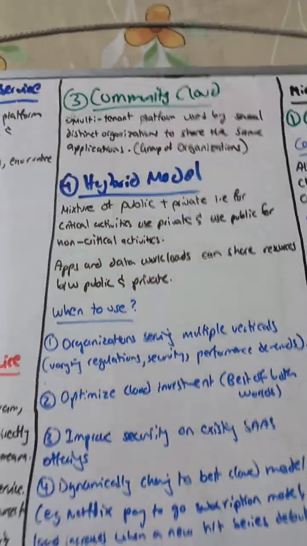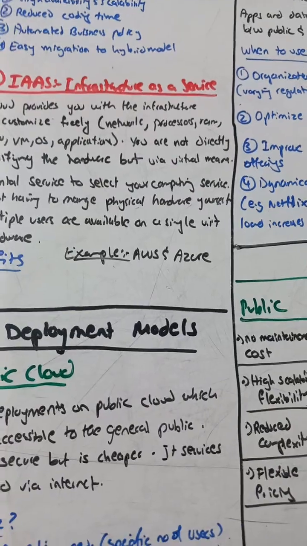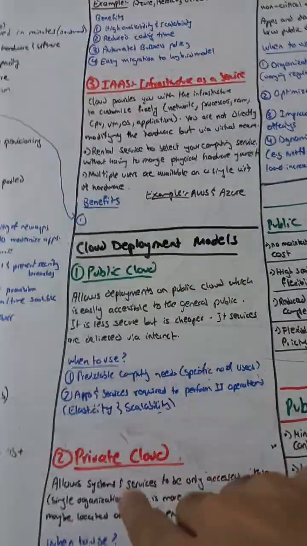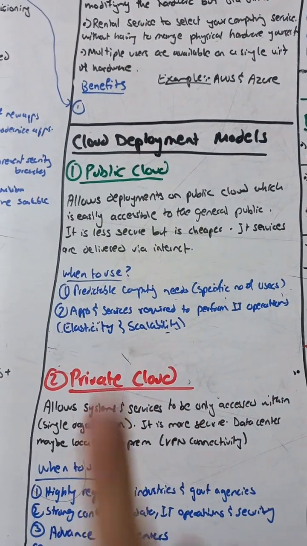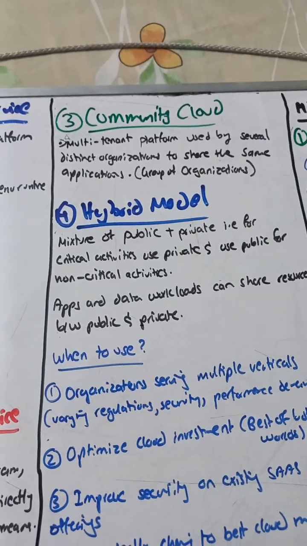Then you have community cloud. You can think of community cloud as a multi-tenant system. Unlike in private cloud, where there was only a single organization, in community cloud there are multiple organizations communicating with each other.